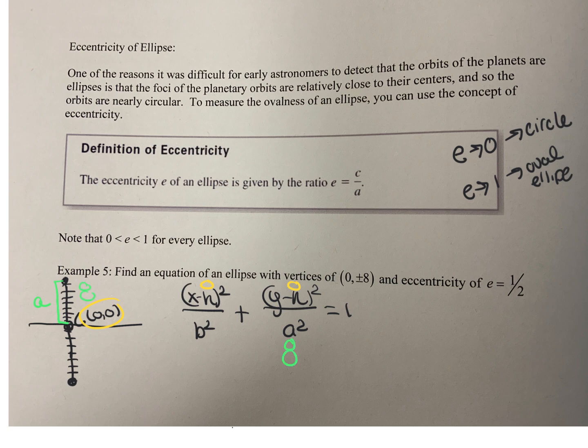So the last thing I need to find is this b value, so I can write the equation. So I'm going to use what they gave me over here. This is supposed to equal c over a. But we know that a is not equal to 2. a is equal to 8. So e equals c over a, which equals 1/2.